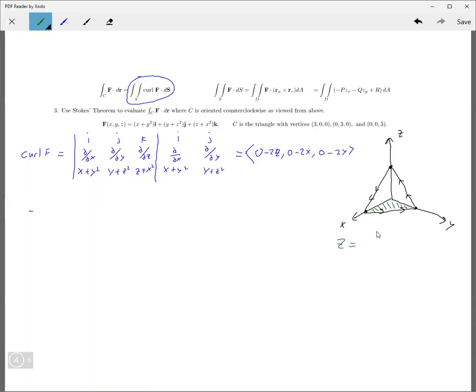It's part of the plane z equals 3 minus x minus y, which came from x plus y plus z equals 3, right? Because these all come out to 3. So that's the surface of the plane. So I'm going to use that right there, plugging this in for z.